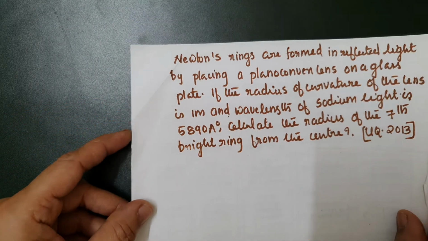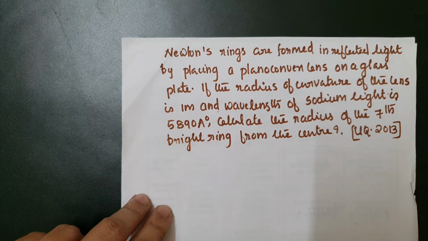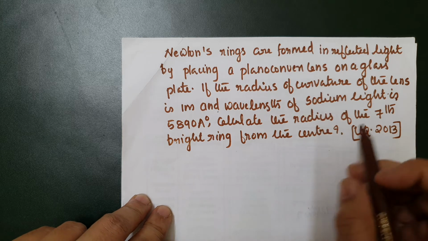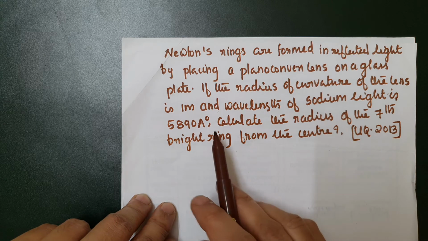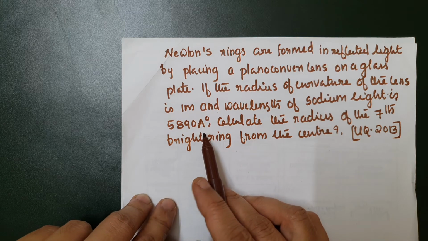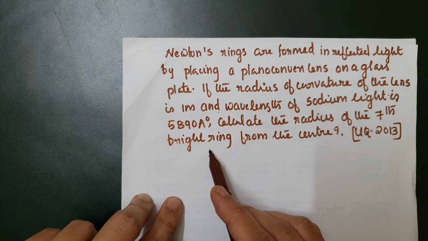So the next question is, Newton's rings are formed in reflected light by placing a plano convex lens on a glass plate. If the radius of curvature of the lens is 1 meter and the wavelength of sodium light is 5890 Angstrom, calculate the radius of the 7th bright ring from the center.